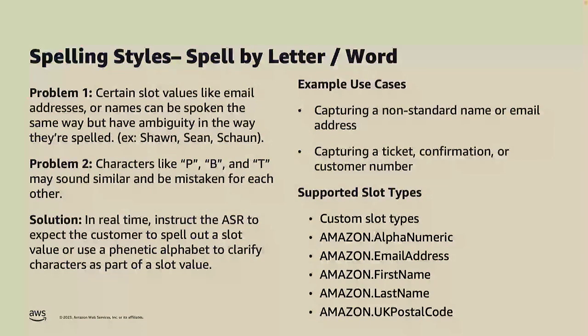It also can be difficult to capture things like alphanumerics, names or street names when the letters can sound similar, like P, B, and T or M and N. That's Paul, Bravo, and Tango, and Michael and Nolan, if you couldn't tell the difference in this audio.